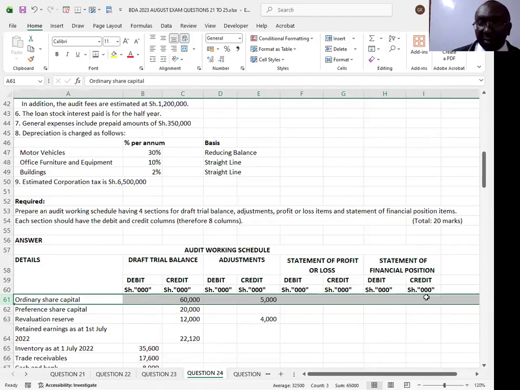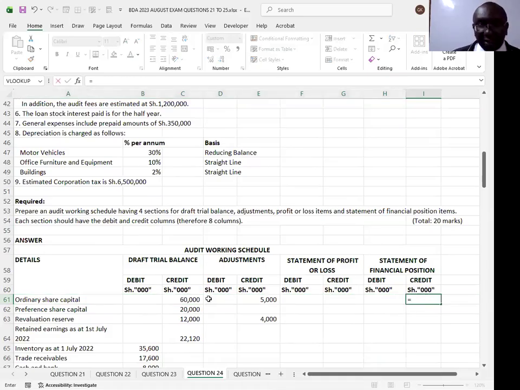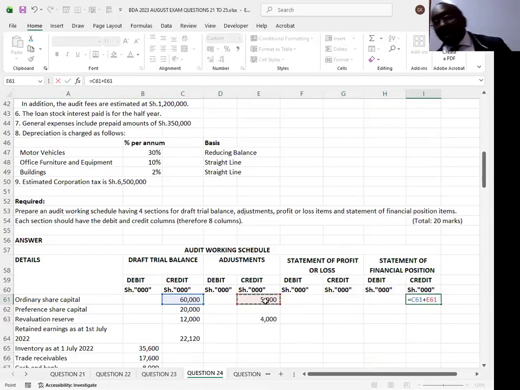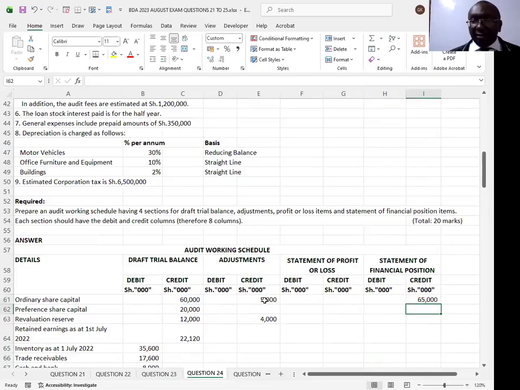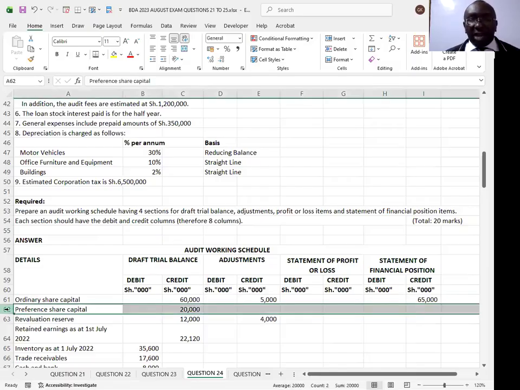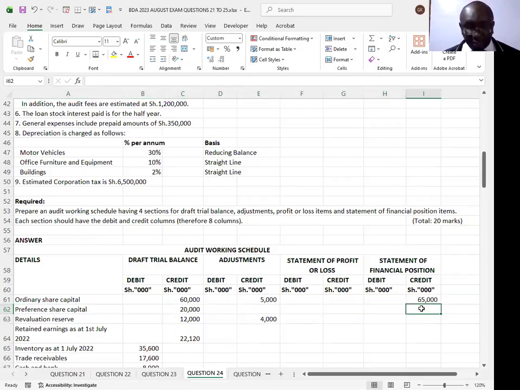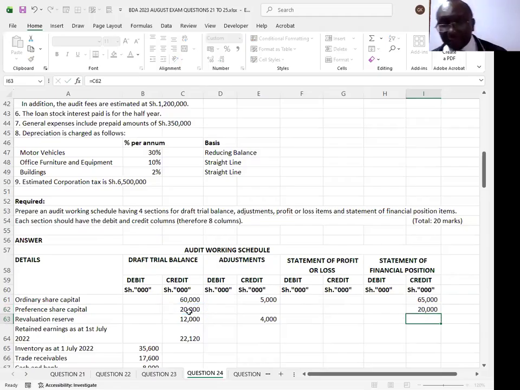So this one should come here as this 60 plus this 5, should come in there as 65. Preference share capital was 20,000, no adjustment, and therefore it should find its way here the way it was, 20.